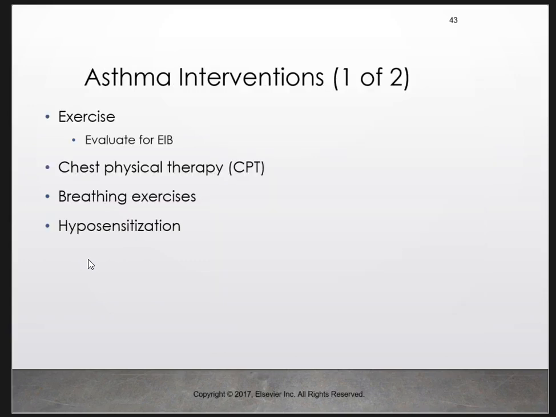Okay, so exercise, like I said, from a nursing standpoint, one of the big components we want to make sure is that they maintain the level of activity that's appropriate for their age and stage. For some kids, especially because we have the obesity epidemic on the rise, there is a lot more exercise-induced bronchospasm, meaning that intense physical activity triggers that bronchospasm.